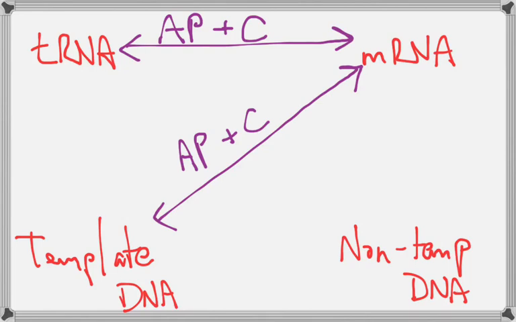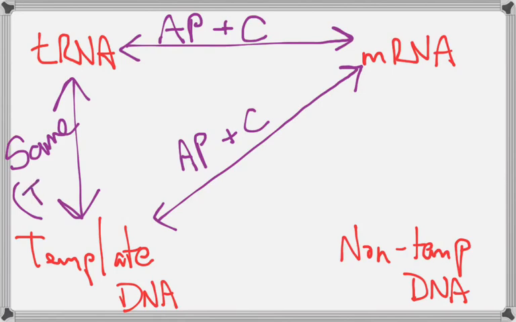What is the relationship between the tRNA and the template DNA then? Is it basically the same, just by changing the units? Perfect. It is the same. The question was, what is the relationship between the tRNA and the template DNA? In other words, and what Meg correctly said, they are the same with the exception of T's and U's.